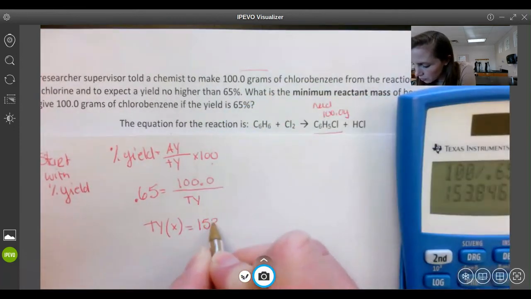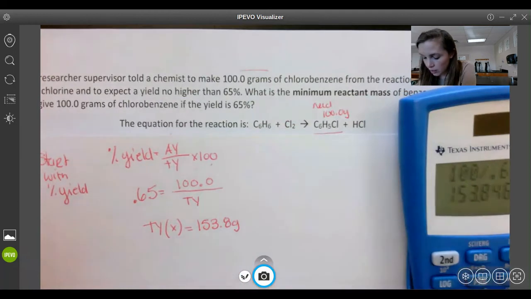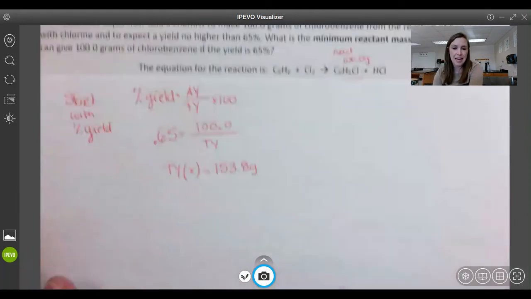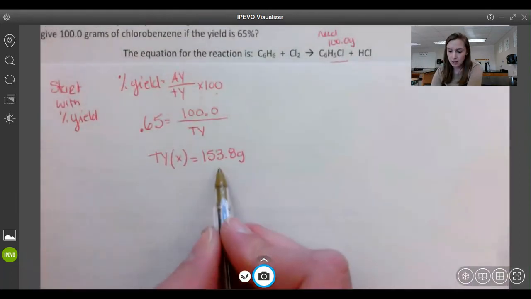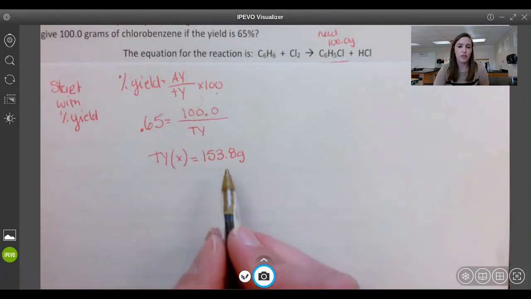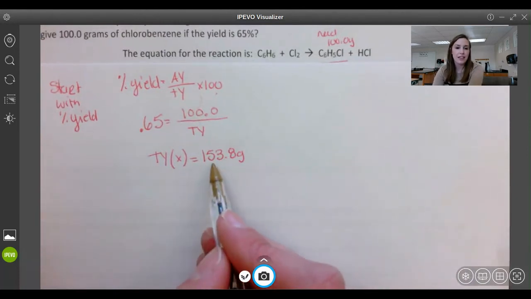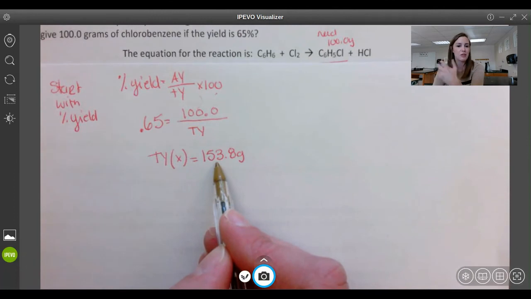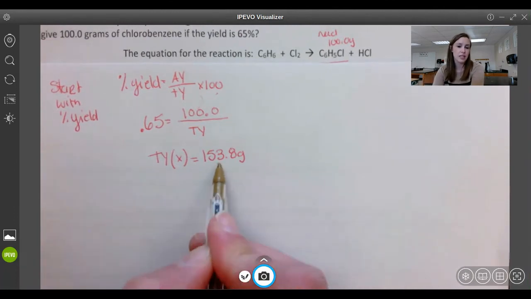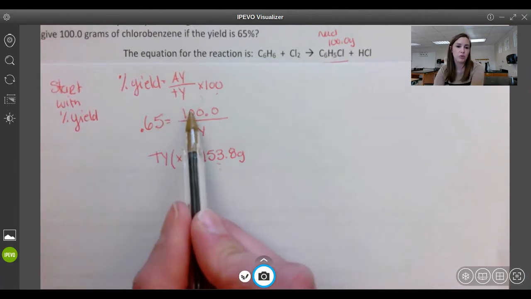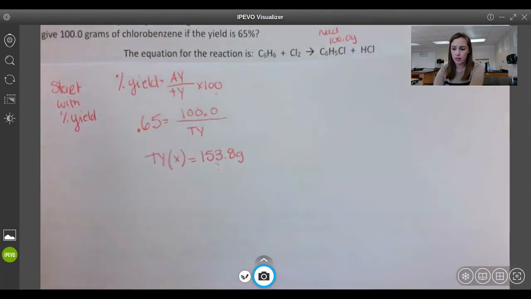So this would be 153.8 grams. So what does that mean? I need to theoretically produce this 153.8, because if I can get a starting amount of my reactant that will theoretically produce this, a 65% yield will help me get 100 grams of it actually in the lab.